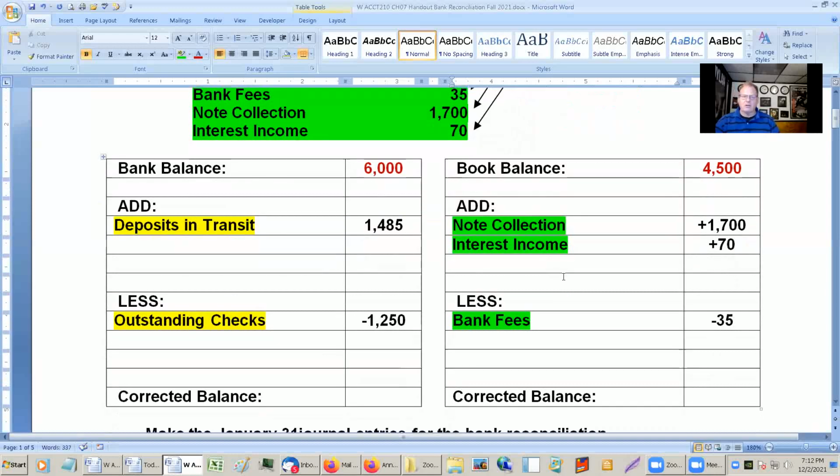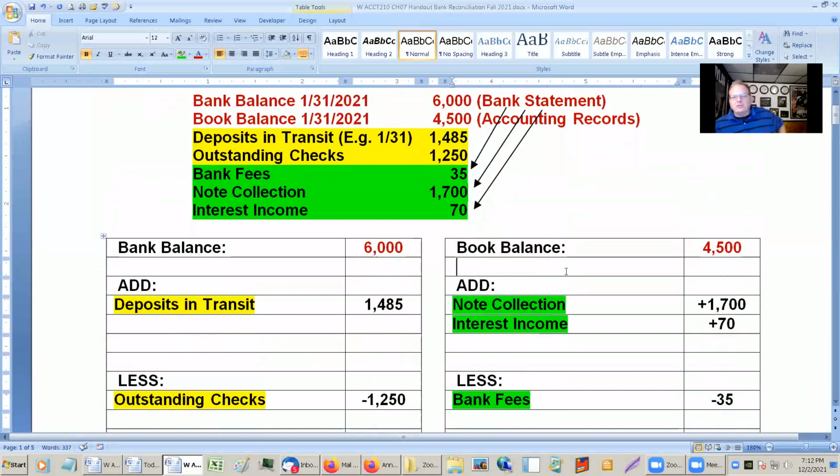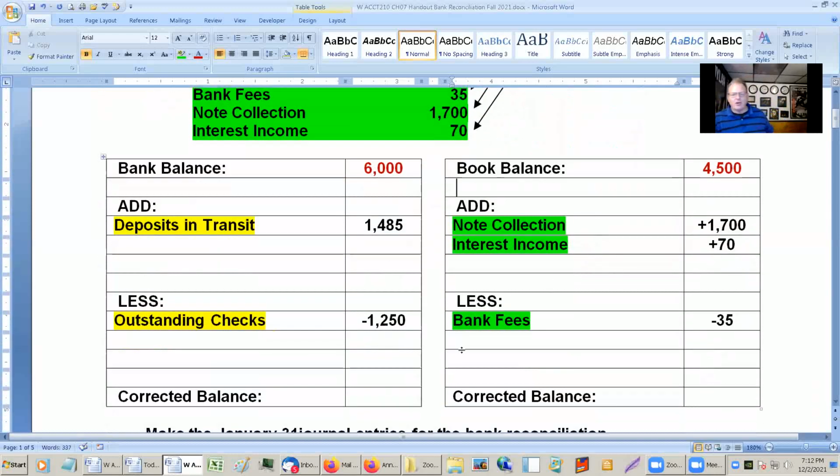Okay, so that's everything, right? Now we're going to figure out how much cash we really have, and we add all these up.